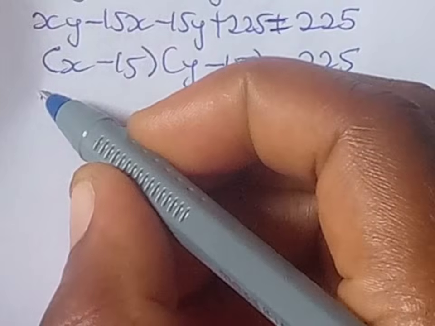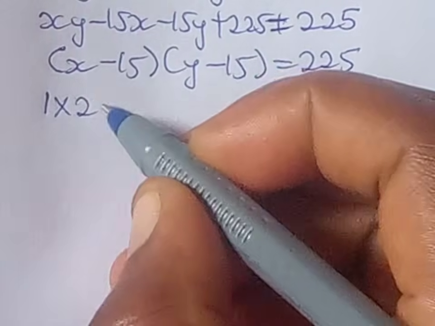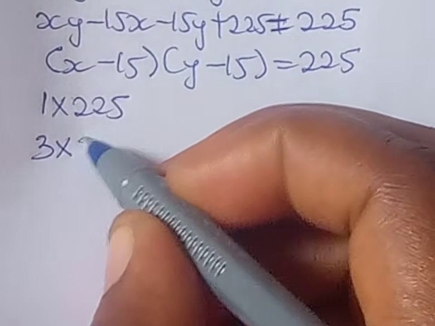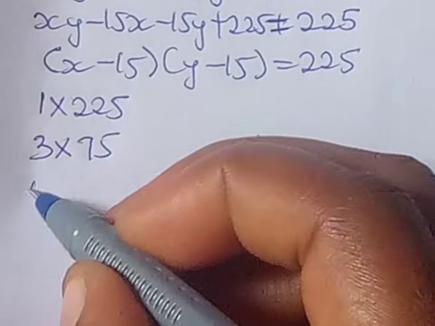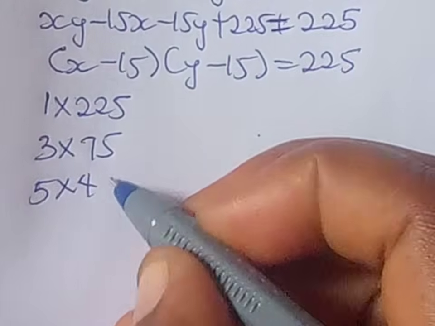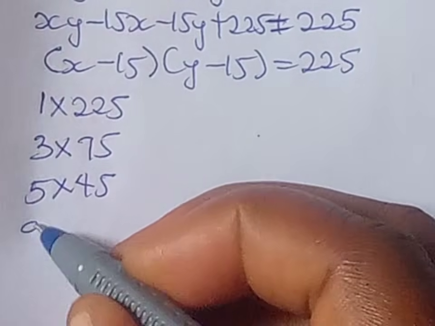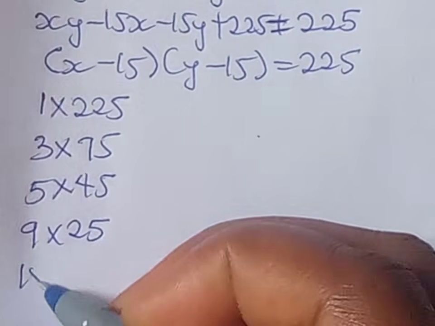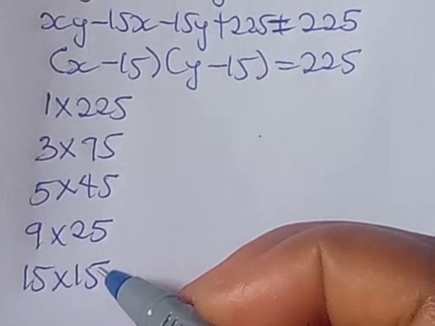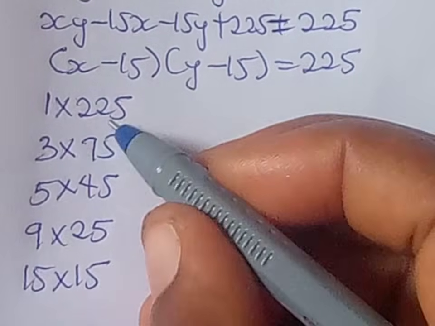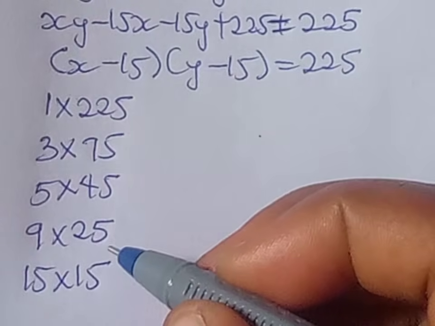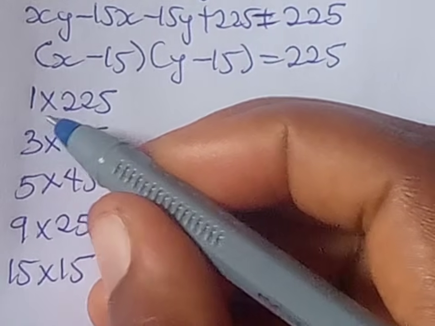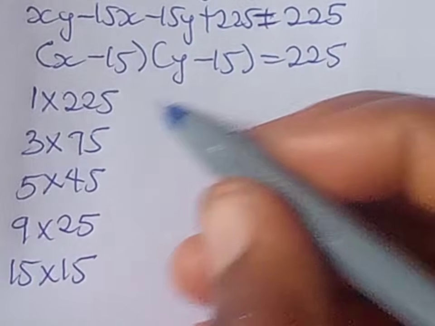So we have 1 times 225, 3 times 75, 5 times 45, 9 times 25, and finally 15 times 15. Each pair gives a different solution. Let's start with the first pair, which is 1 times 225.